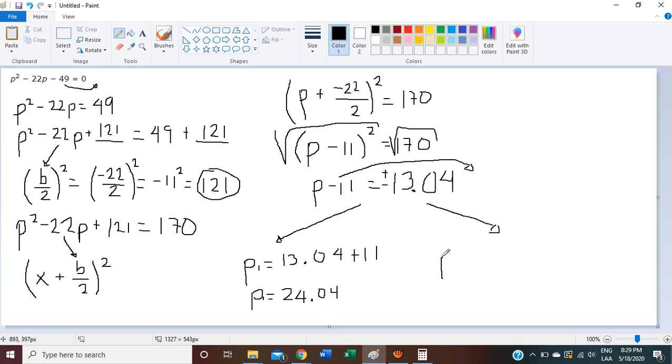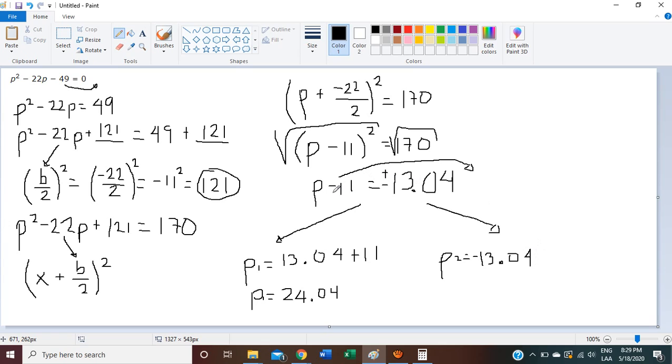Our second answer is going to be P2, which is going to be negative 13.04.